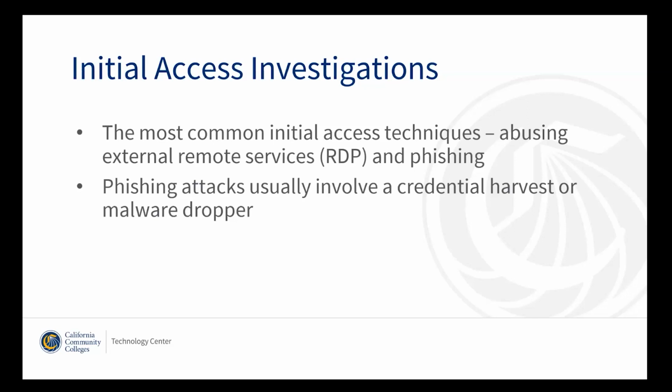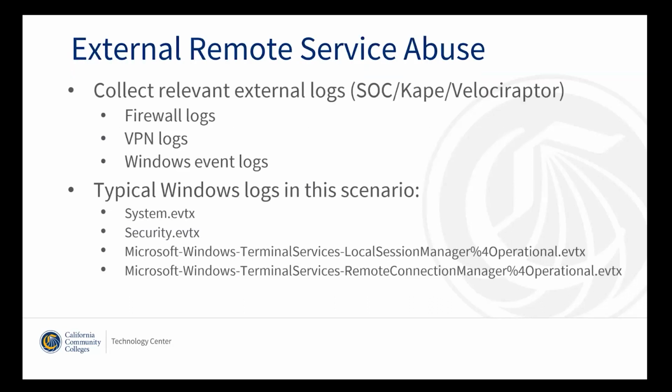Phishing attacks usually involve credential harvest or a malware dropper. Those are the types of events you want to look for as part of an incident response plan, understanding what a credential harvest or a malware drop would look like in your environment.